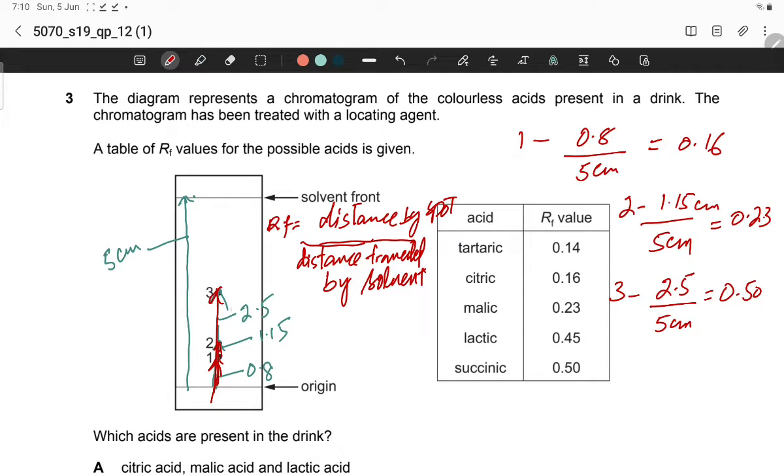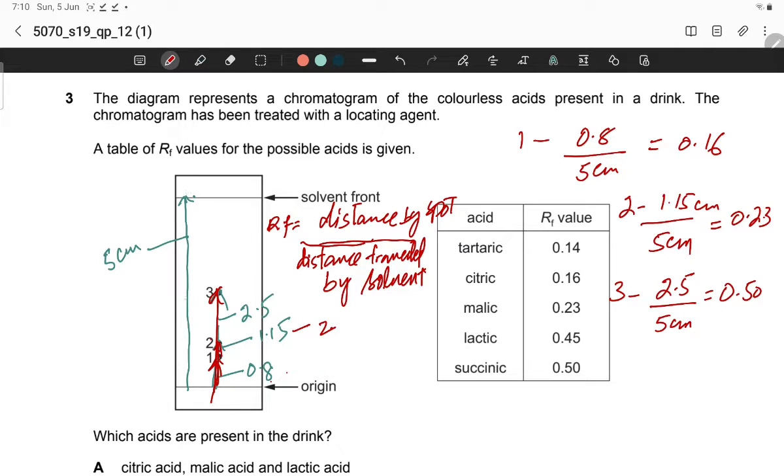Just measure the distance traveled by each spot.